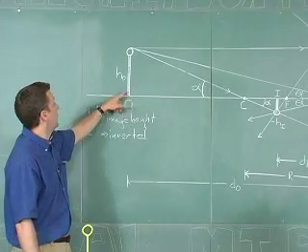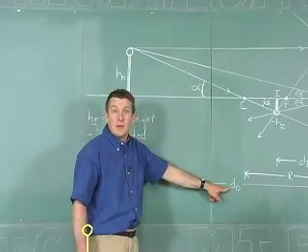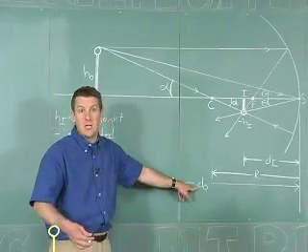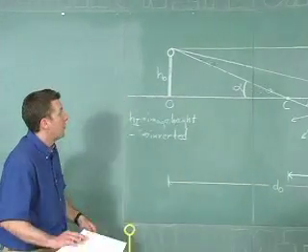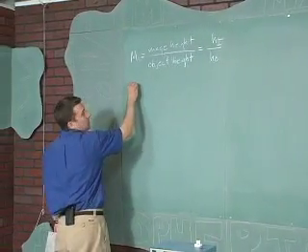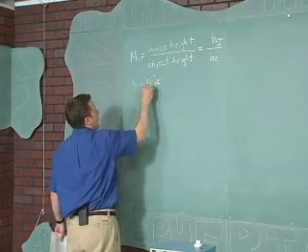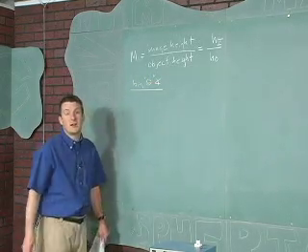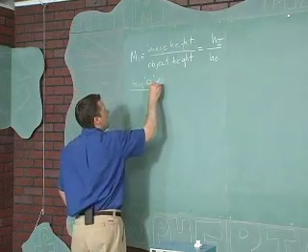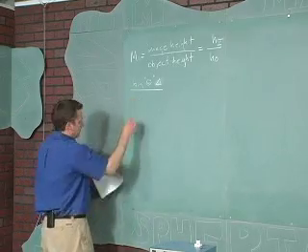Now, if we want to relate the object height to the object distance, then the trigonometric relationship that does that is the tangent of theta. Let's communicate that as the big theta triangle.